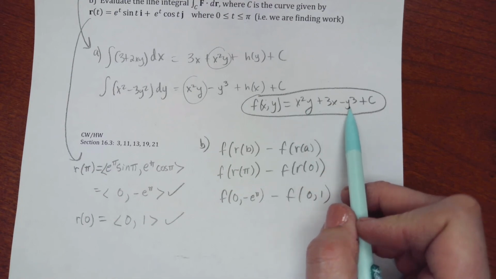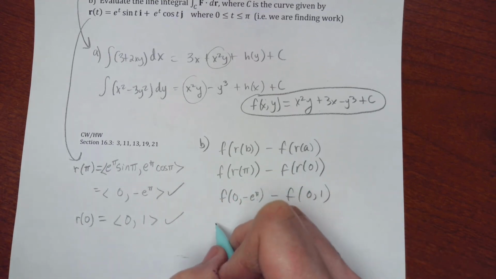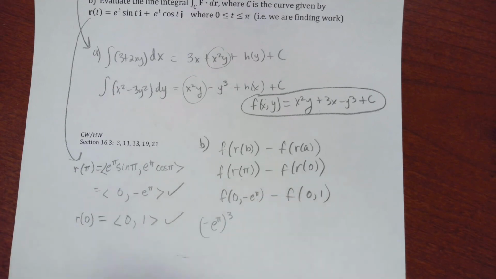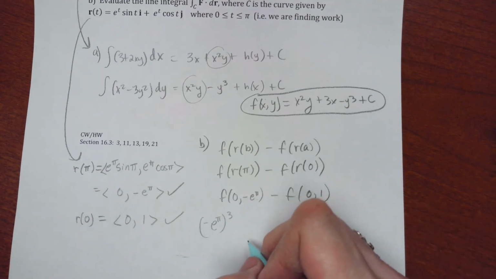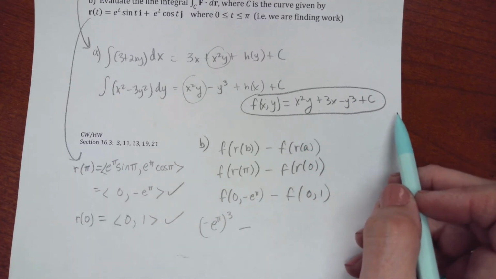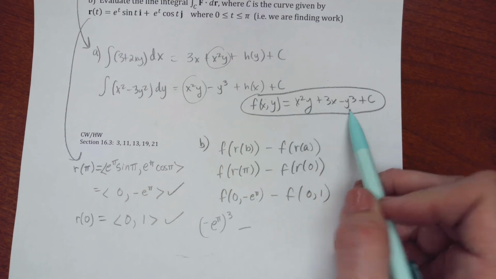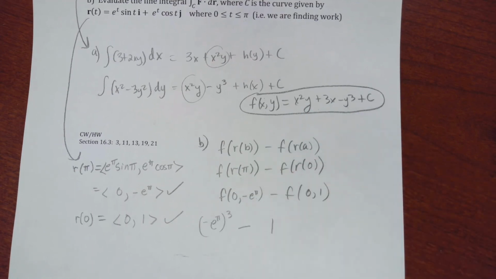I'm going to have to cube this part, so I have negative e to the pi cubed. Okay. Minus, now let's plug in 0 and 1 everywhere. So that goes to 0, that goes to 0, and plug in a 1, so minus 1.